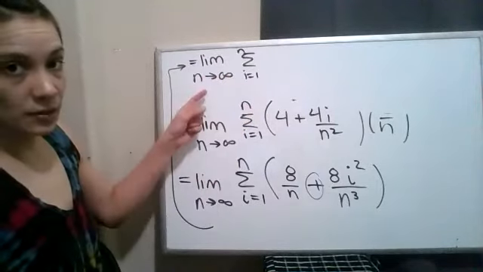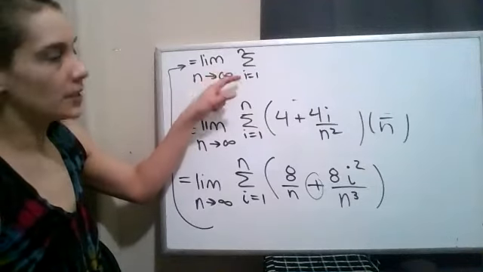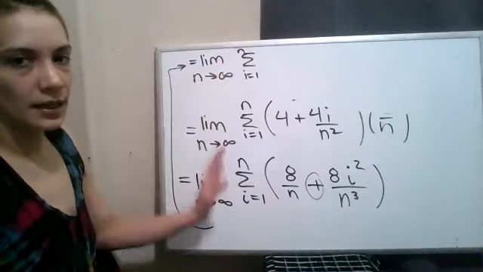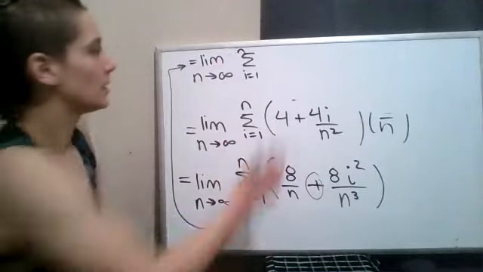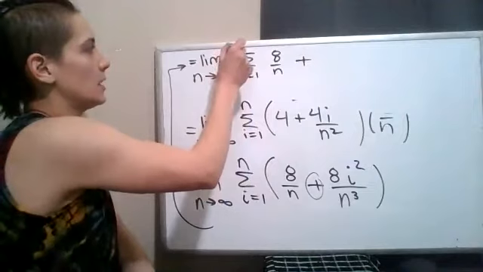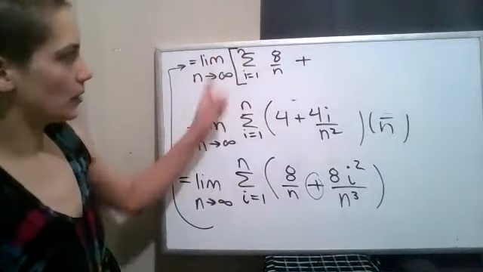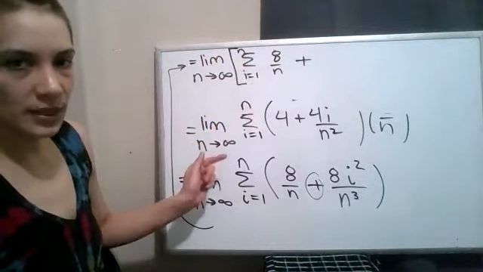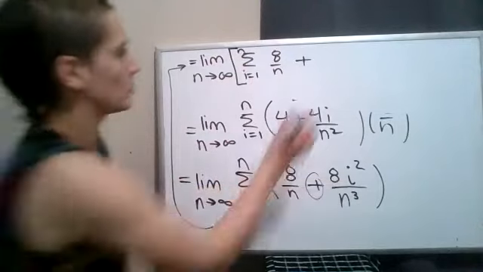Okay, first, let's write this out. The limit as n goes to infinity of the sum from i equals 1 to n of 8 over n, plus, and the limit is going to apply to this whole part, plus the sum from i equals 1 to n of the second term.